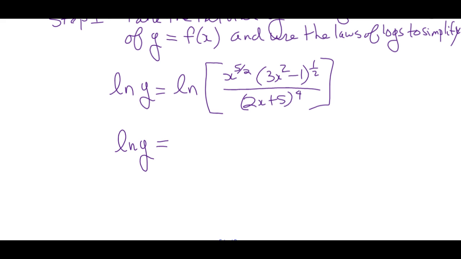So it's 5/2 ln x, plus, since it has an exponent, 1/2 ln of 3x squared minus 1, minus, because that's division, 4 ln of 2x plus 5.